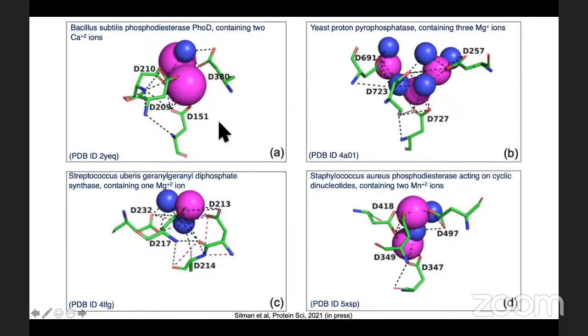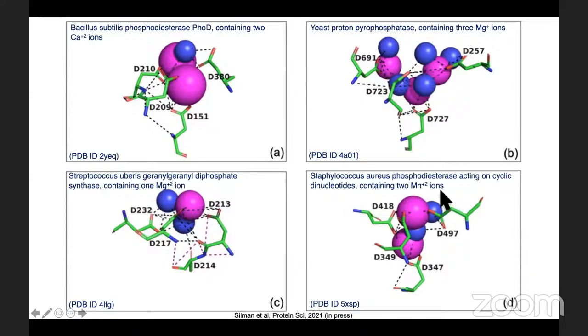In general, they are all metal binding sites, but in this case, it's a phosphodiesterase binding to two calcium ions. Here is a pyrophosphatase binding to three magnesium ions. Here it is a diphosphate synthase binding to a magnesium ion.